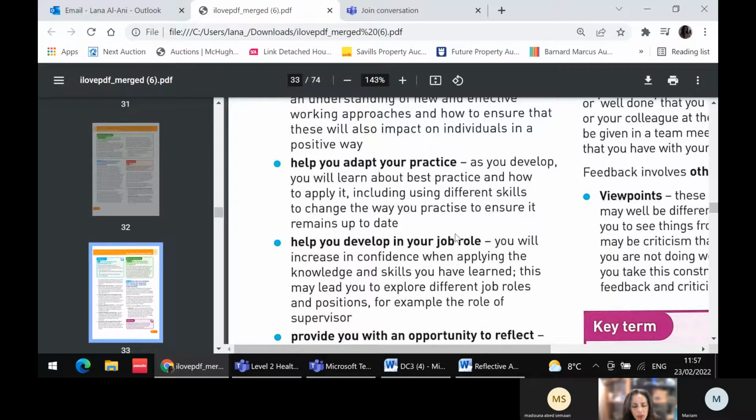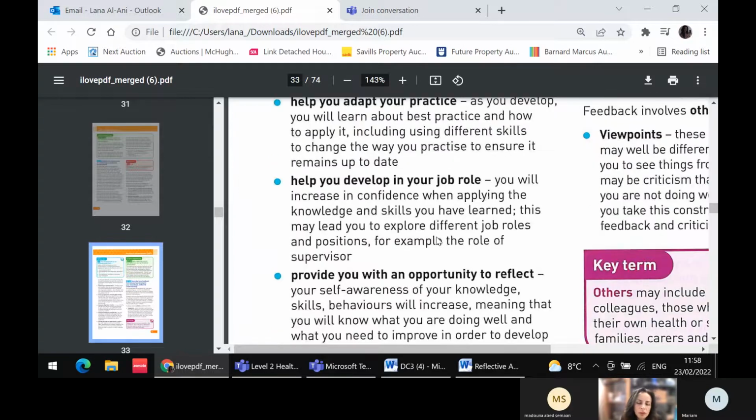So it helps you update your practice and keeps you up to date with the new skills and abilities in the world. Everyone should be developing their skills, and it also helps you develop your job role. So you've got your job role, and you follow it exactly. However, sometimes some of the clients need some other things.